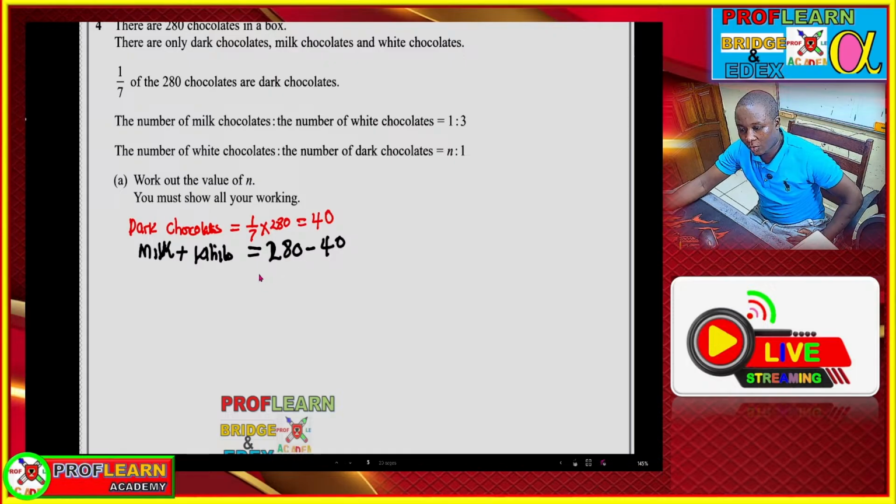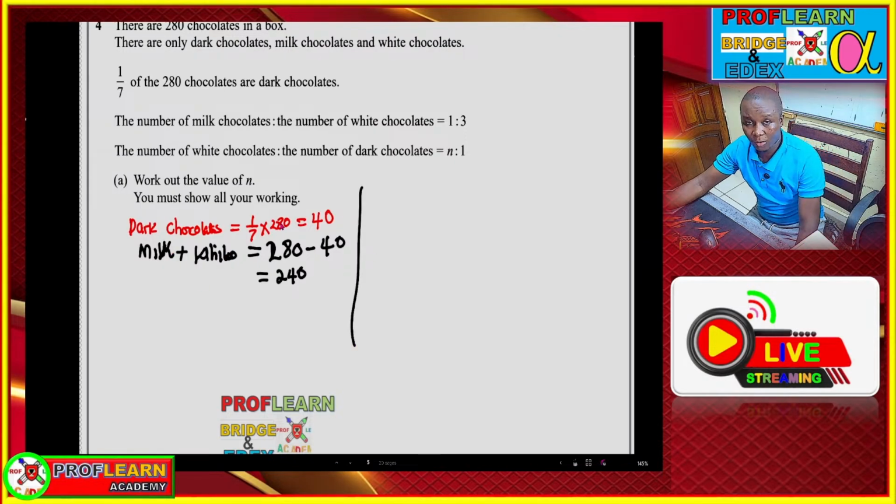So this is going to translate to 240 milk and white chocolates. But we are now told that the ratio of milk to white is 1:3. So the total ratio here is 4.